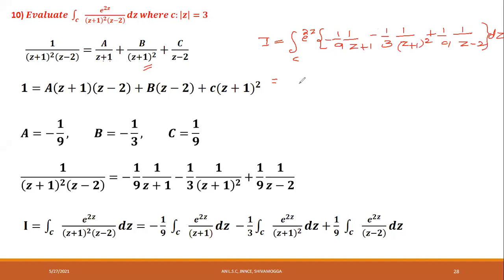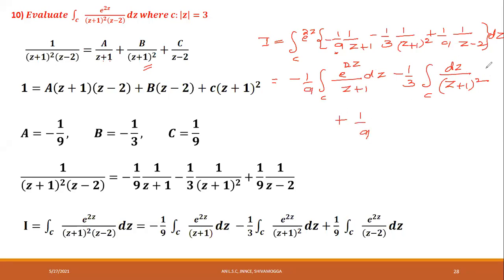Minus 1 by 9 is a constant, keep it outside: minus 1 by 9 into integral over C e power 2z divided by z plus 1 into dz. Here minus 1 by 3 is kept outside: integral over C dz divided by (z plus 1) whole square, plus 1 by 9 into integral over C dz divided by z minus 2.